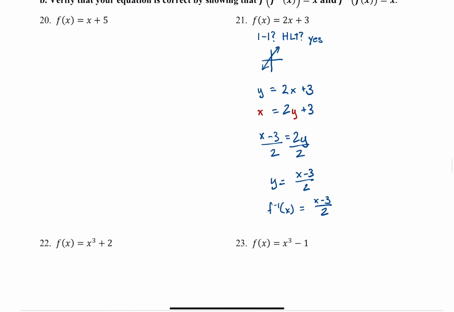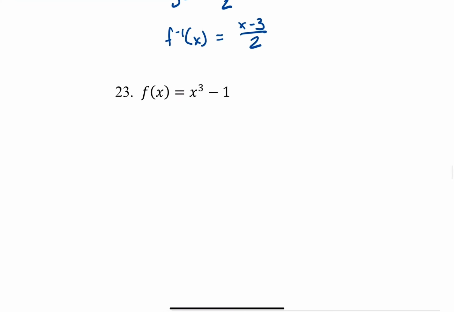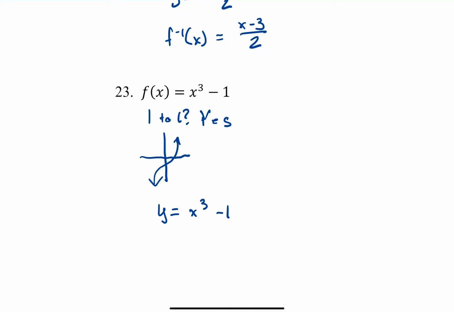And just to do something that involves cube roots, let's look at 23. Again, you can actually graph this, since you're asked, is this one-to-one? Well, if you were to graph this, you would just have a shift down 1, you'd have that shape, so it does pass the horizontal line test. Any horizontal line intersects the function's graph at most once, so yes. So we get y is equal to x cubed minus 1.